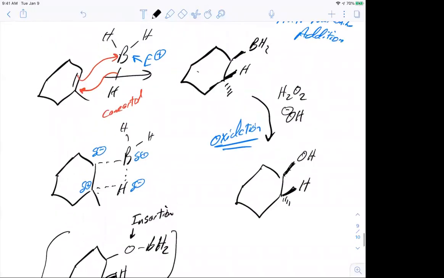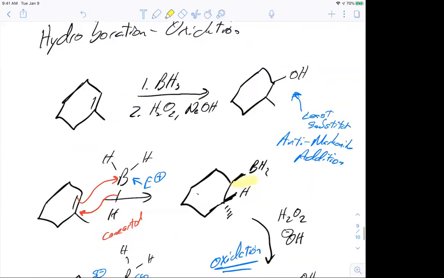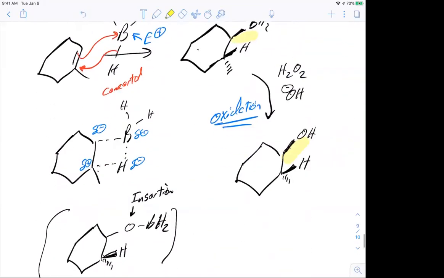What that means is wherever my boron is, so for stereochemistry, that's where my OH is going to be. So I retain the stereochemistry from the boron to the OH. What that means is, notice that I've added my hydroxide and my hydrogen to the same side of the alkene. So hydroboration oxidation has an anti-Markovnikov product, but also what we call a syn addition. We've added both to the same side. Okay.